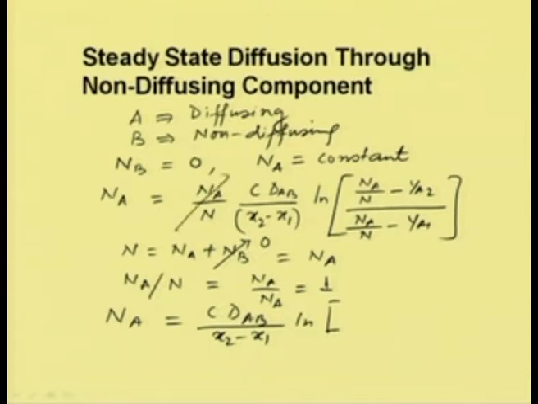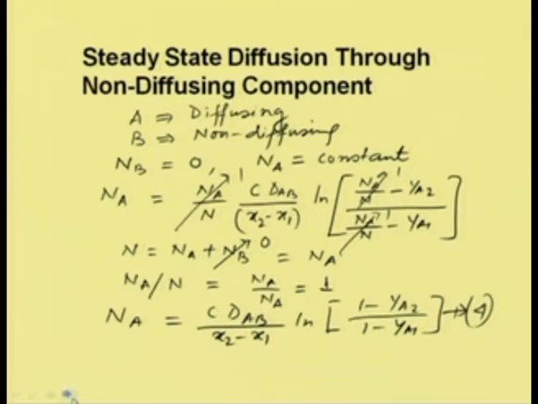This term becomes 1, this becomes 1, and this becomes 1. So, this will be (1 minus y_A2) by (1 minus y_A1). So, this is equation number 4.